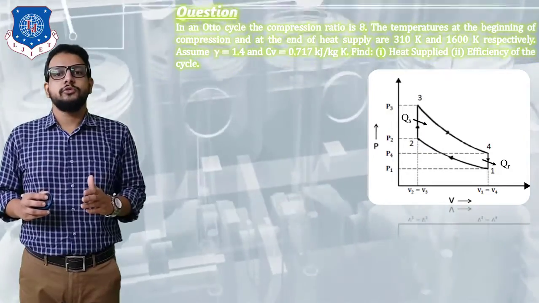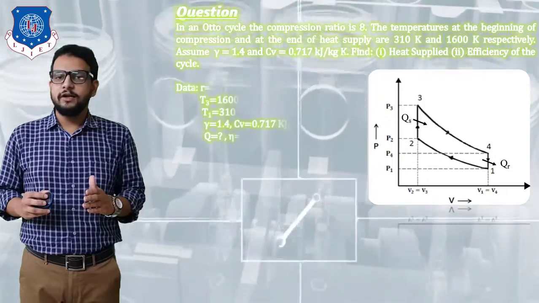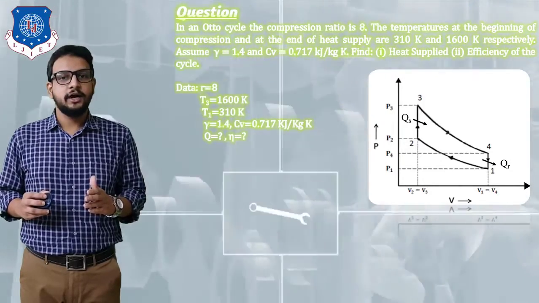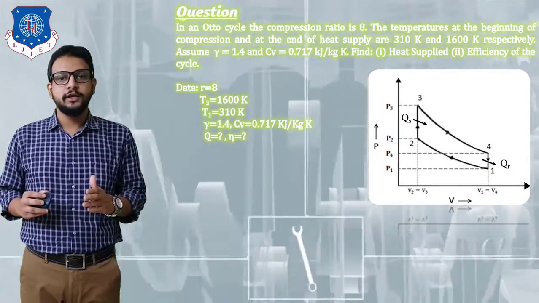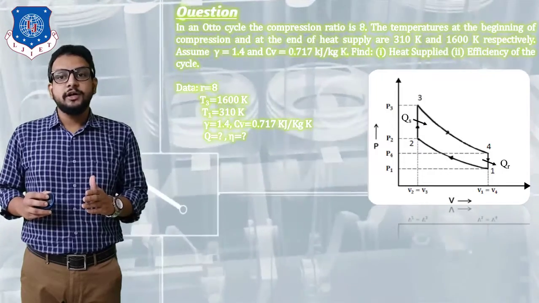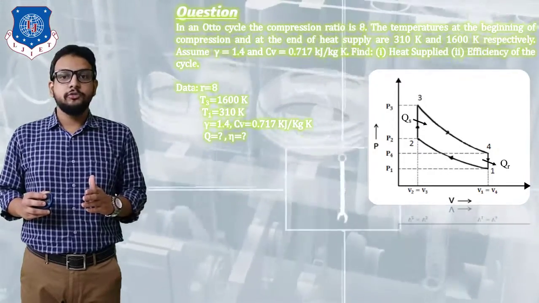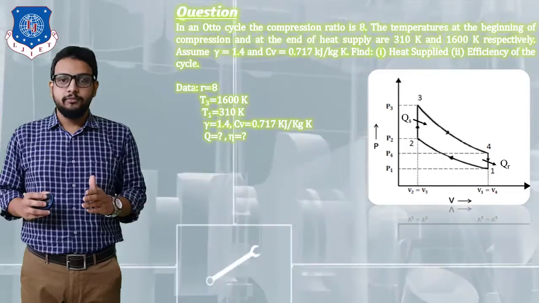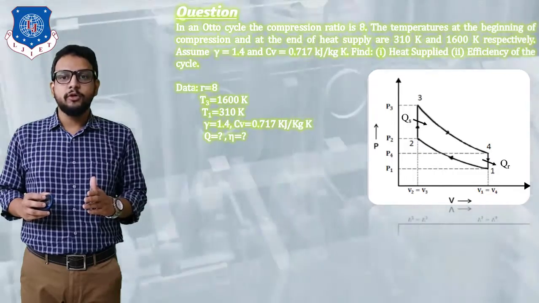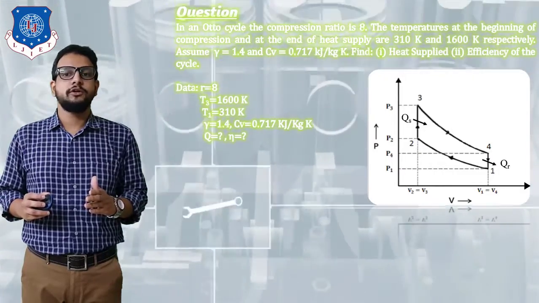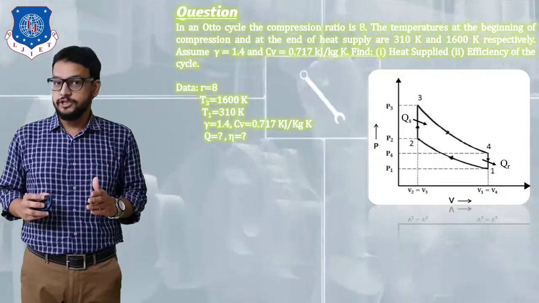Okay, so first of all, writing down the data. r is equal to 8. Now, the temperature at the beginning of compression, so you need to see our PV diagram. Observe the process from state 1 to state 2, that is our adiabatic compression process.